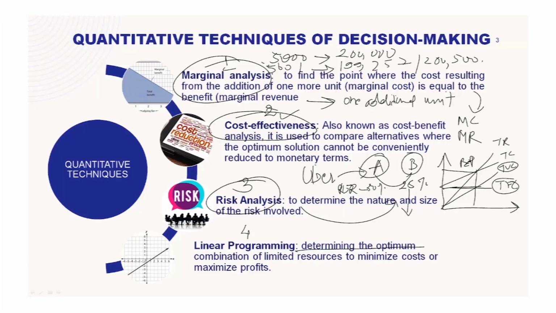All right. Next one is the linear programming method. It determines the optimum combination of limited resources to minimize cost or to maximize profit.